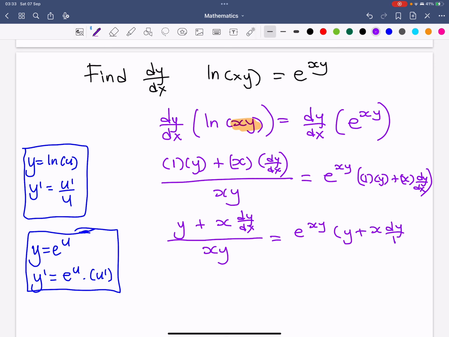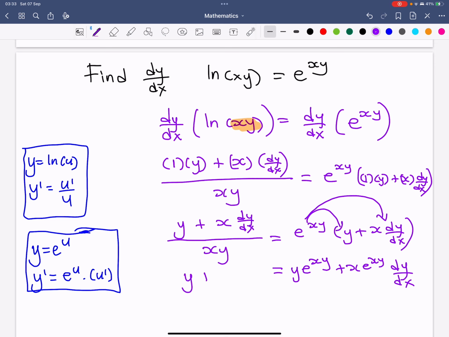In order for me to be able to find dy over dx, I need to first distribute this e to the xy into the bracket. It becomes y e to the xy plus x e to the xy dy over dx. So I've just distributed this into each term inside the brackets. That's what I just did there. And then this still remains as it is, y plus x dy over dx.